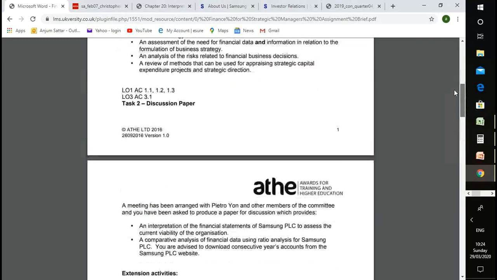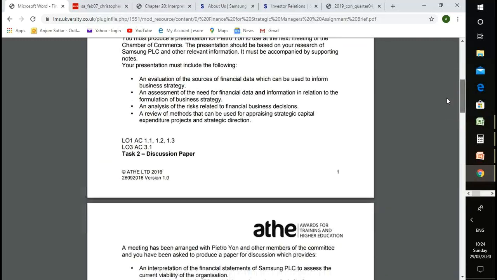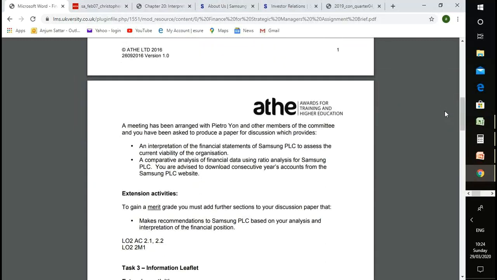So in task 2, because your task 2 is a discussion paper, and we have 2.1, 2.2, and 2.M1 that we are addressing, max not more than 1,200, I can say. For that task, that will be enough.